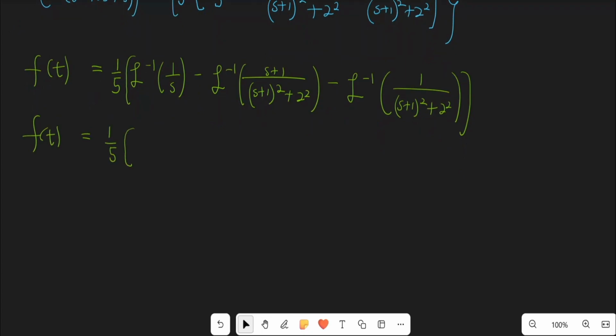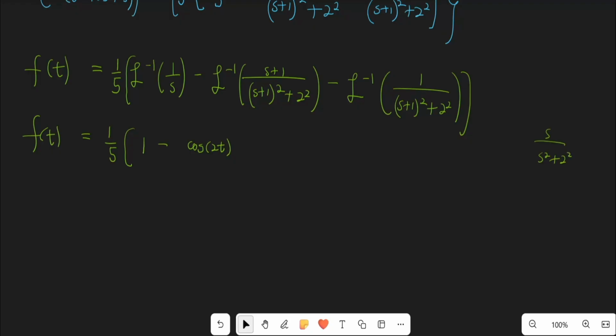So the first one, Laplace inverse of 1 over s, is just 1, because Laplace transform of 1 is 1 over s, minus this one is like cosine, because cosine we have s all over s² + 2². So this one is just going to be cosine of 2t, right? But the s is shifted by negative 1. So this is cosine of 2t.